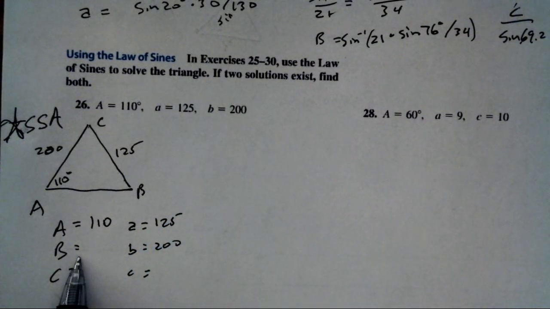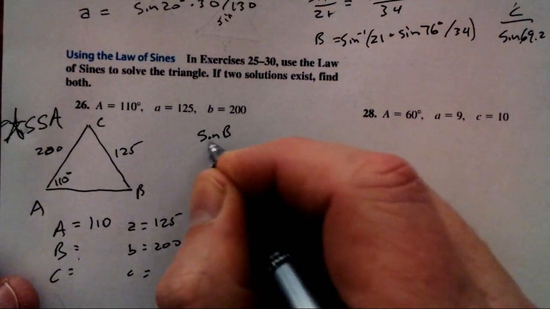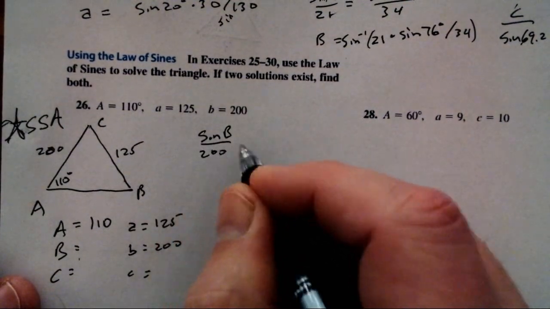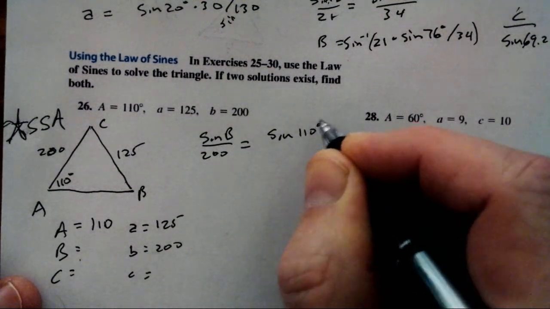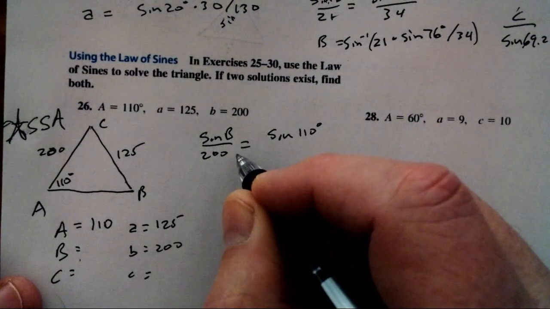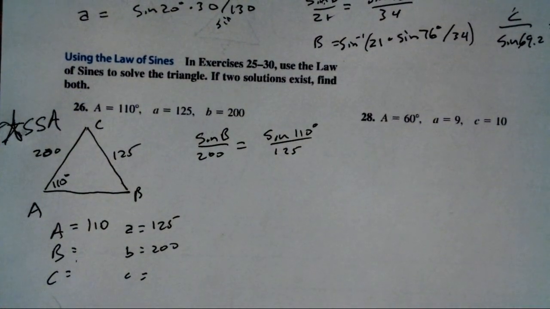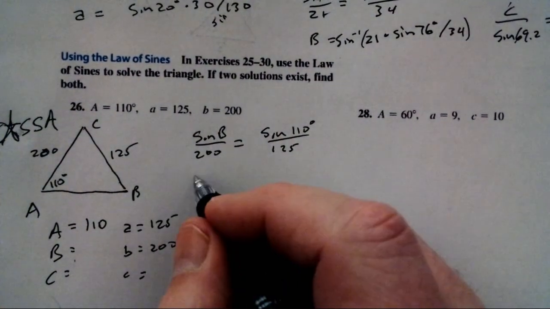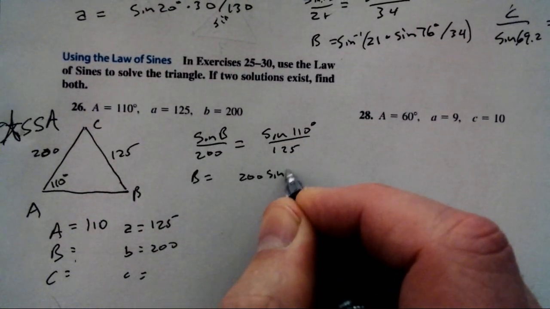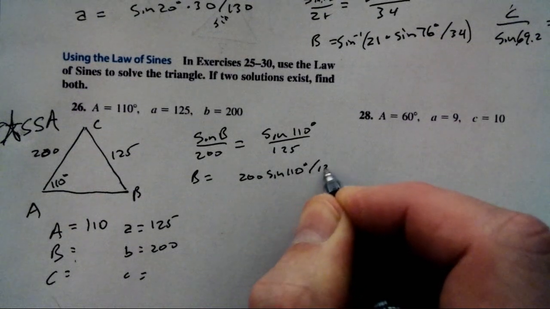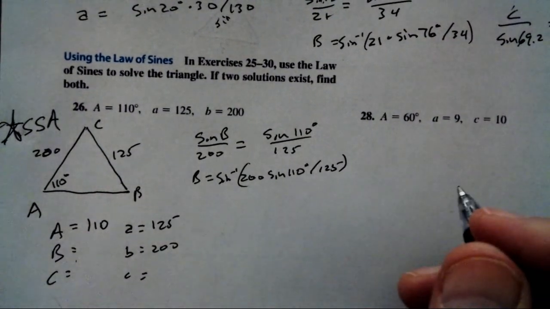We can find angle B. Let's see, sine of angle B on 200 equals sine of 110 on 125. So how do we solve that for B? First, we're going to multiply 200 across, and then we have to take sine inverse of all of that.